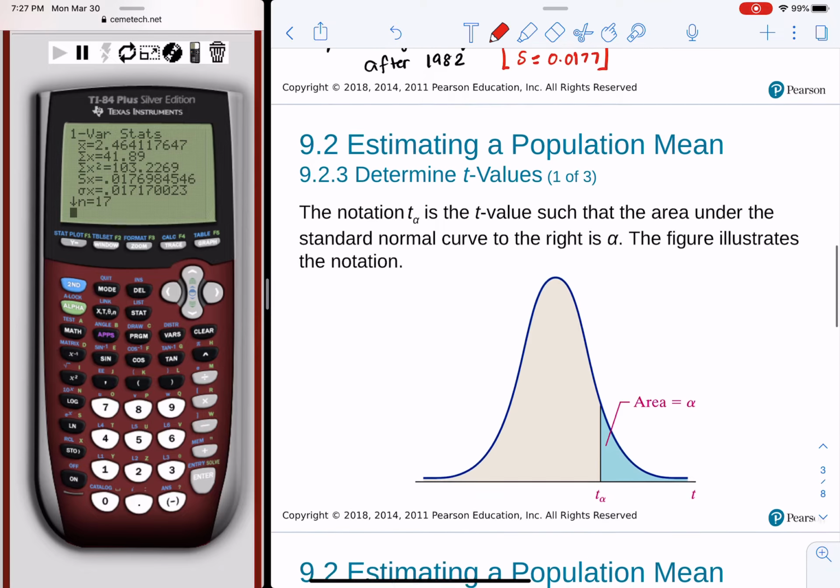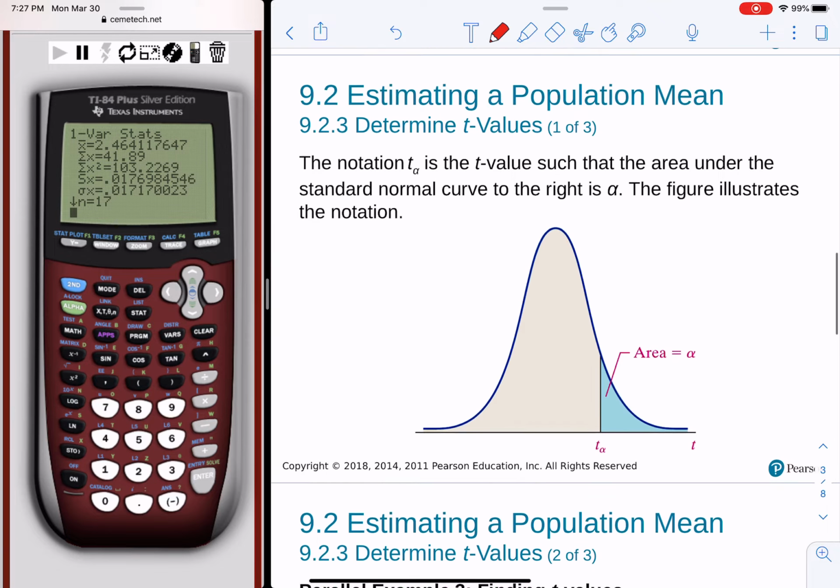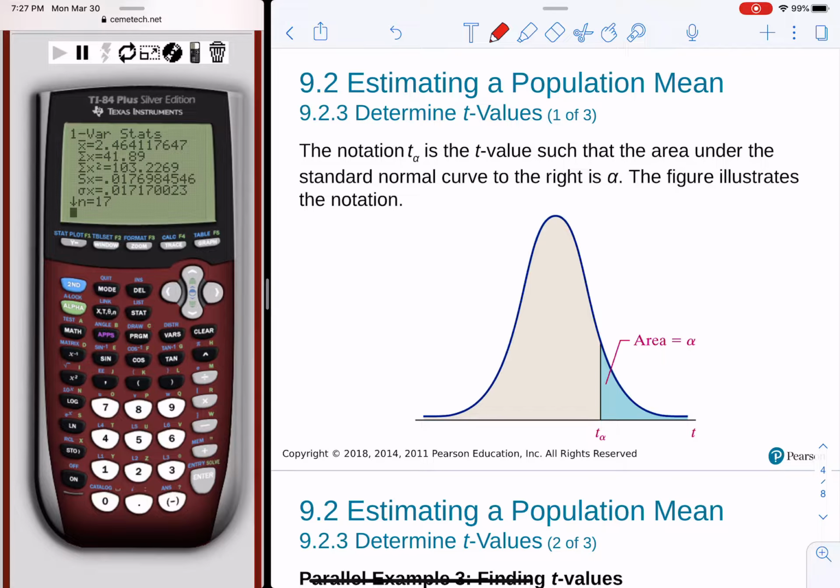So, just like we found a critical value with proportions using the standard normal distribution, the critical value in finding confidence intervals for mean mu is obtained using the t distribution.